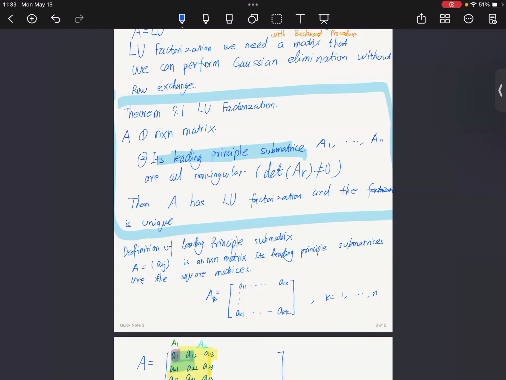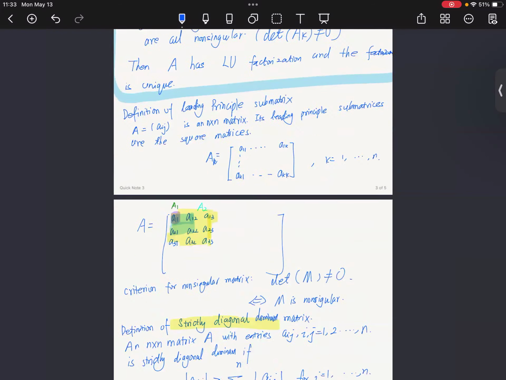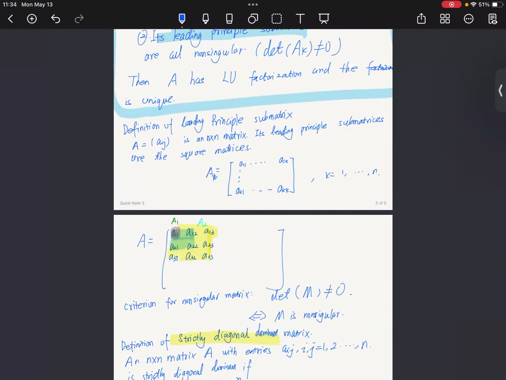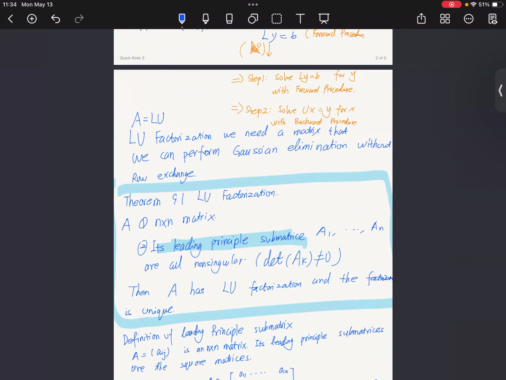Let me repeat this. The positive definite matrix has leading principal submatrices whose determinants are positive, and positive also means that it does not equal to 0, right? So this satisfies the criterion we have in the 9.1, which means that our positive definite matrix has LU factorization.